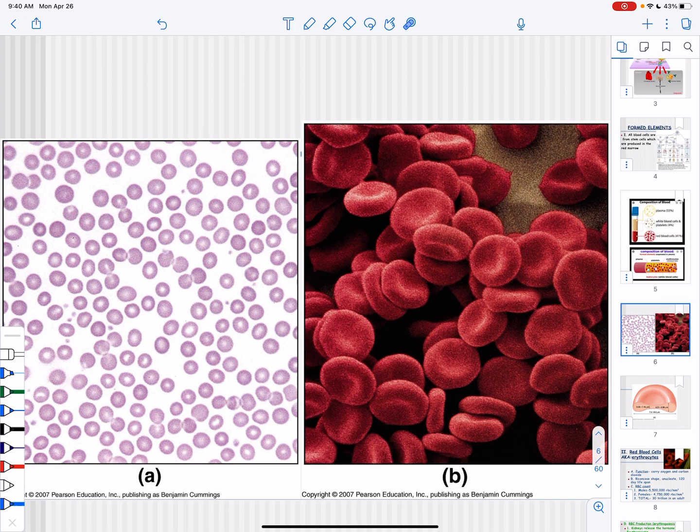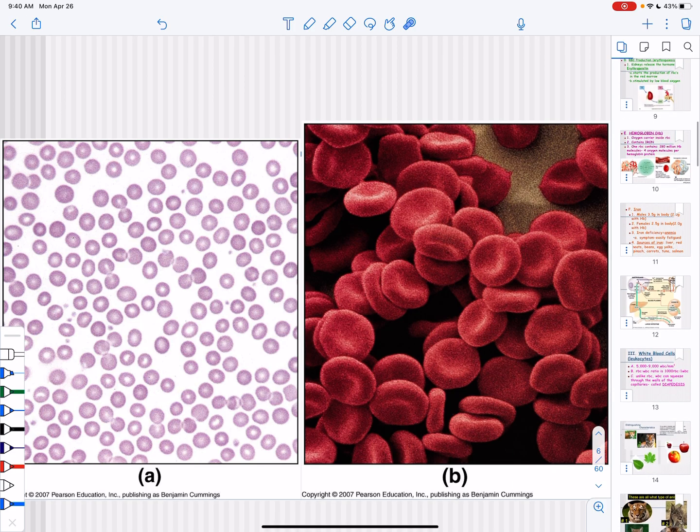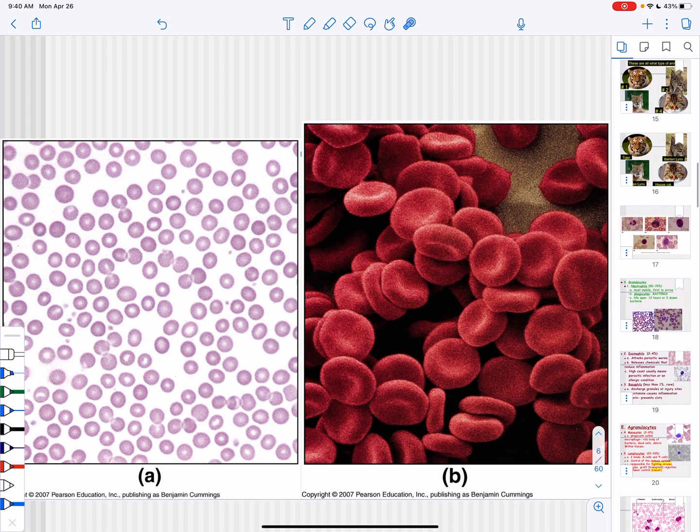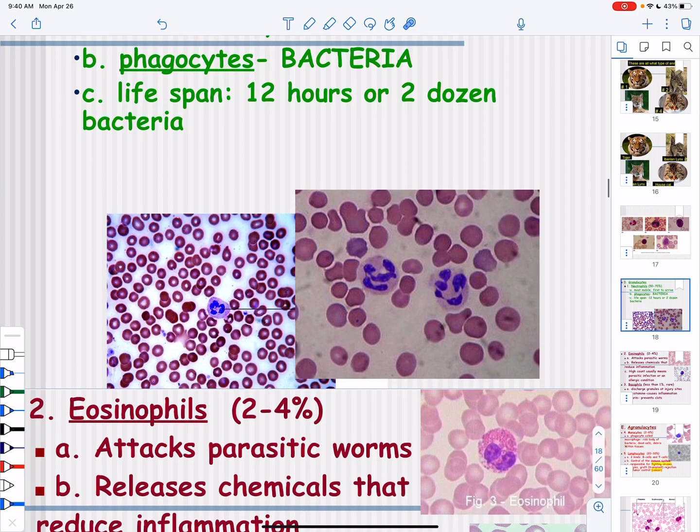So again, red blood cells are just these. When we look at pictures of blood samples, we can pick out the red blood cells and the white blood cells pretty easily. So here we can see a bunch of red blood cells. This right here that I'm circling right now is a white blood cell. So look at the difference.